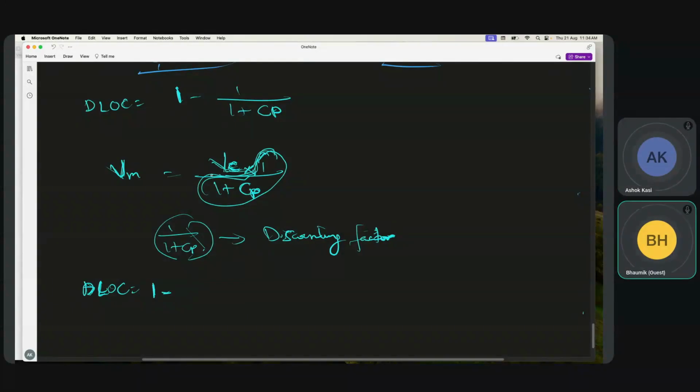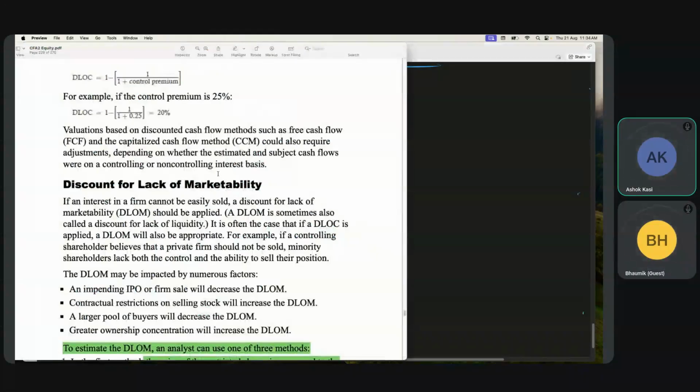This is the discounting factor, so it will be 1 by 1 plus control premium. So this is the total discount for lack of control.